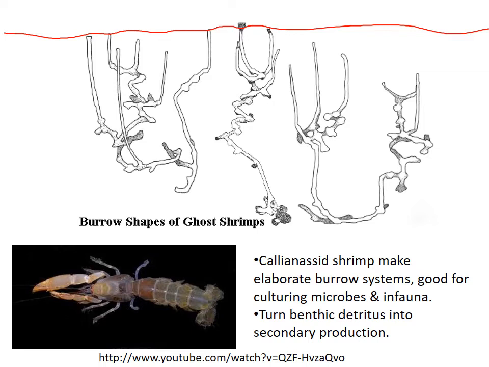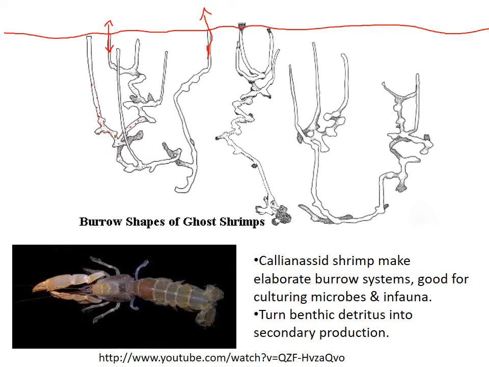And as water circulates into and out of their burrows, it brings oxygen into the sediments, and the organic matter that's in the sediments can sort of decompose, and you end up with this sort of growth of bacteria and fungus along the sides of the burrows of the shrimp.